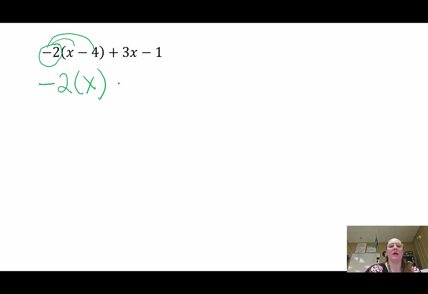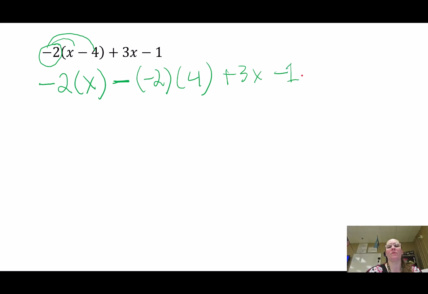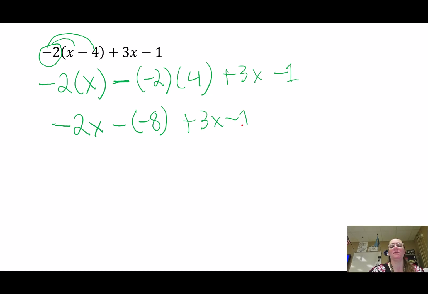All right, so we're going to do minus -2 times 4. I still have the 3x, and I still have the -1. All right, so -2 times x is a -2x. Minus -2 times 4 gives me a -8. Plus 3x minus 1 still.